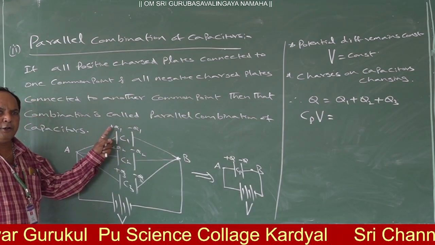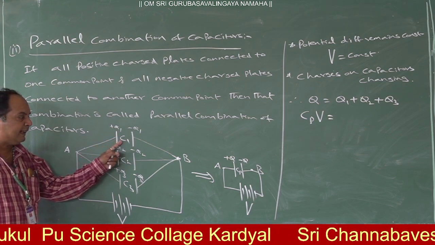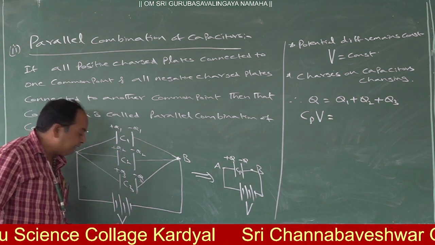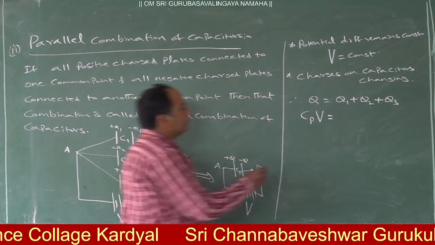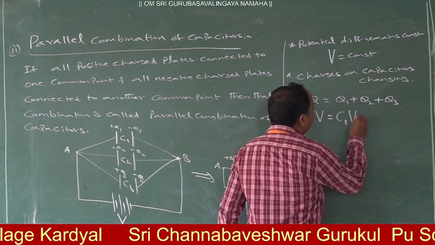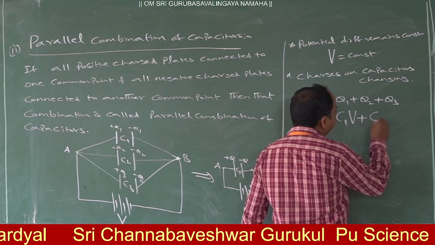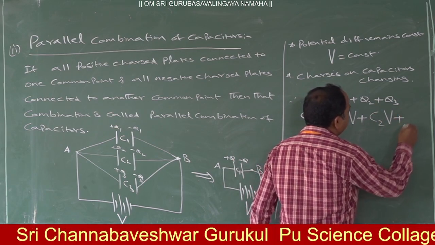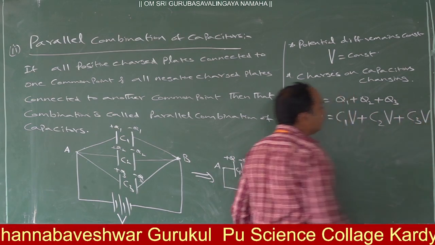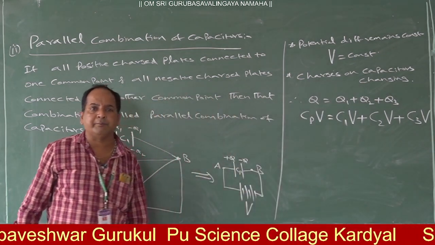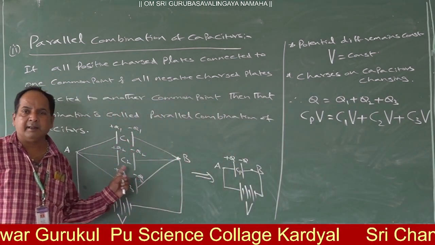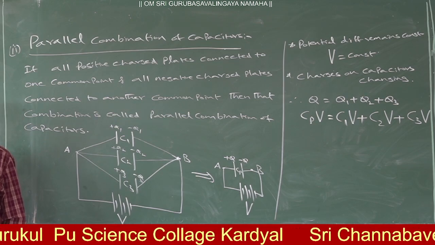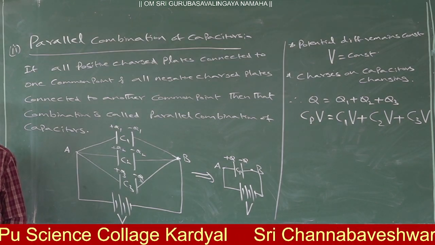Q1 is C1 V, plus Q2 plus Q3. If you are confused here, you can't do a single problem. In parallel combination, potential remains constant.